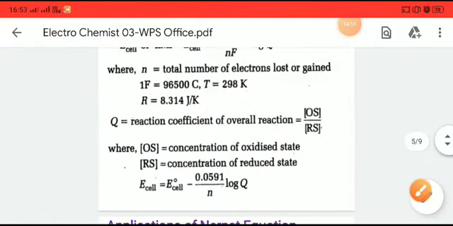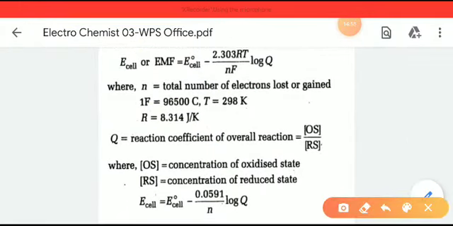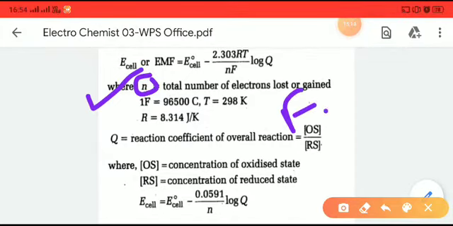Here n is the total number of electrons lost or gained. To do the oxidation or reduction, a number of electrons must be donated or accepted, and this number of electrons is named n. F is the Faraday, 96500 coulomb.